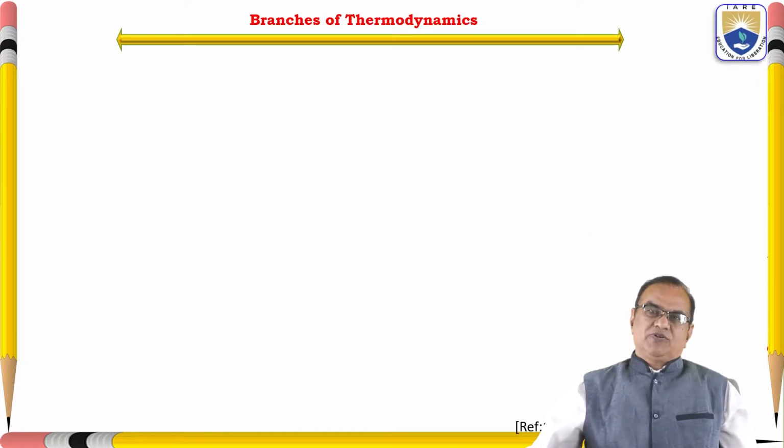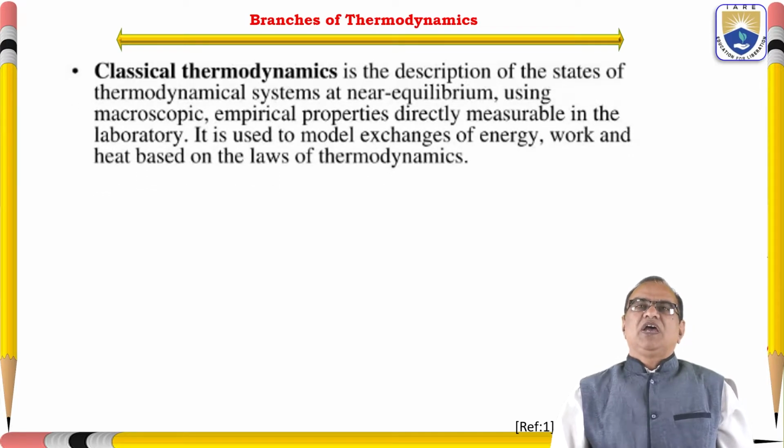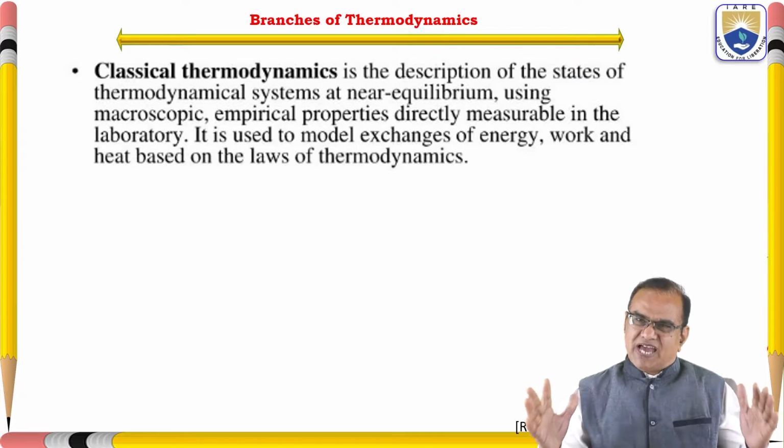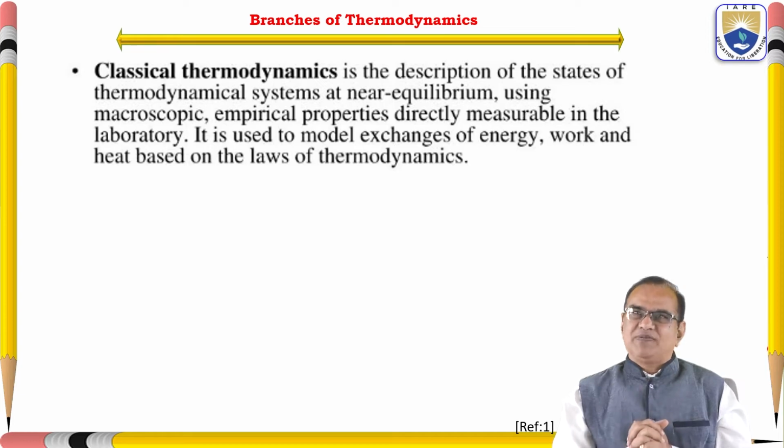Branches of thermodynamics. So now we have understood what thermodynamics is and what the branches of thermodynamics are. The first branch is classical thermodynamics, which we are going to take in this course. We are mostly focusing on classical thermodynamics only.